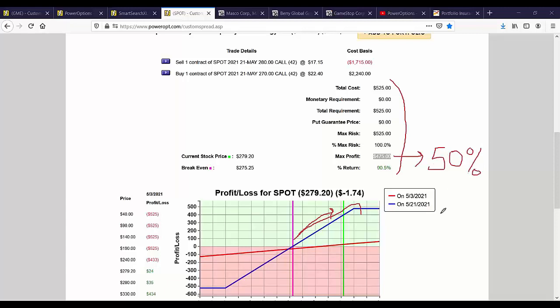Okay, so I get $2.50. Okay, not 250, excuse me, 280, 285, somewhere in that range. And okay, I didn't make the full 475, but I still made 285 off of a cost of 525. So that's still about a 45% return on the position, 50% return on the position. That's what I'm looking for.